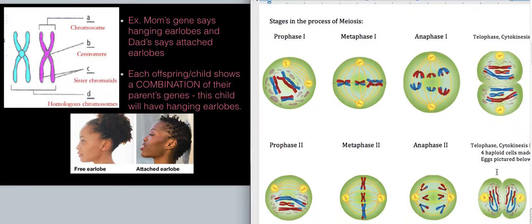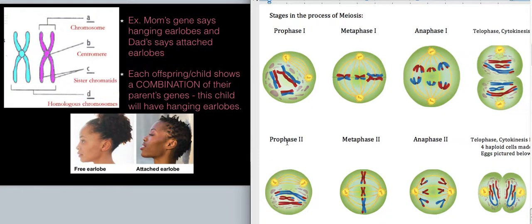Let's take a look down at this one. Now we have prophase, metaphase, anaphase, telophase, and cytokinesis again. So in meiosis, one cell divides twice. So here's one cell dividing to make 2 cells. So this is telophase and cytokinesis.